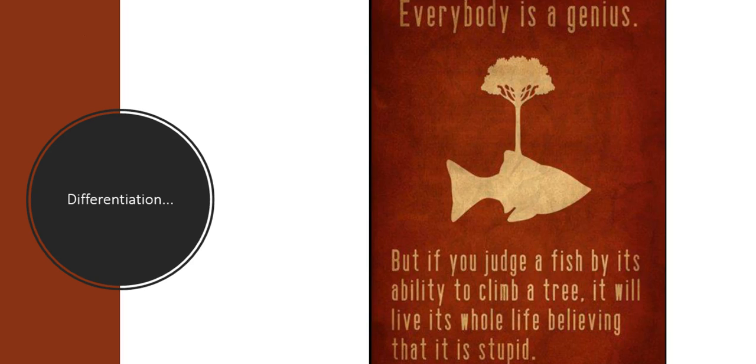So the end product may not be the same for every student, and this can be done with either modifying or accommodating. For example, if you have a student that is a fantastic writer, you might allow them to write a storybook to demonstrate their understanding of a topic.